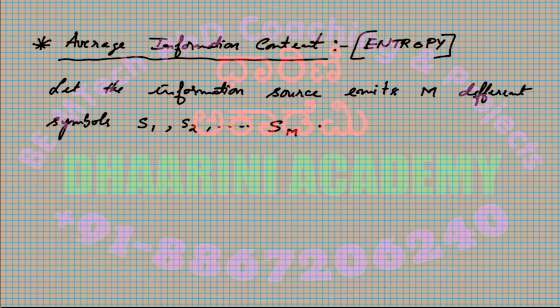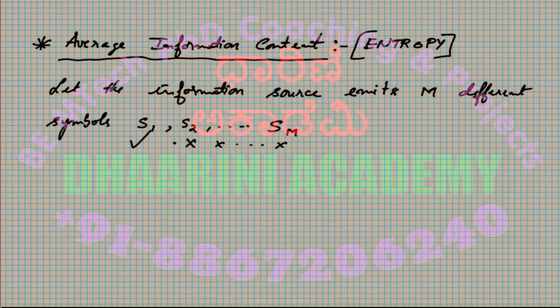Now you see there has to be one assumption made, that the message symbol being sent is independent of other symbols, meaning they have to be statistically independent. Statistically independent means that the occurrence of S1 has nothing to do with S2, S3, S4 up to SN, because sometimes you may have a case wherein the symbols are not statistically independent.